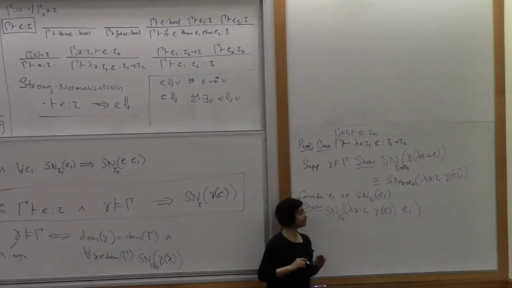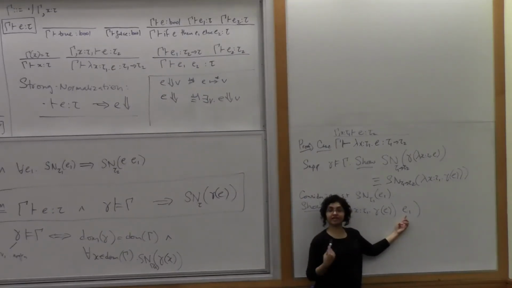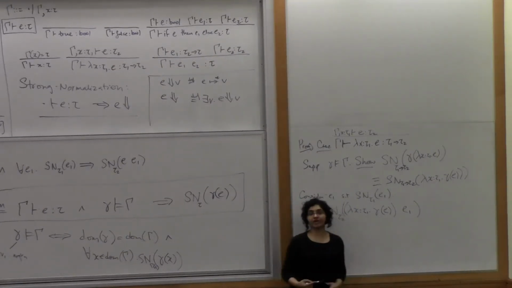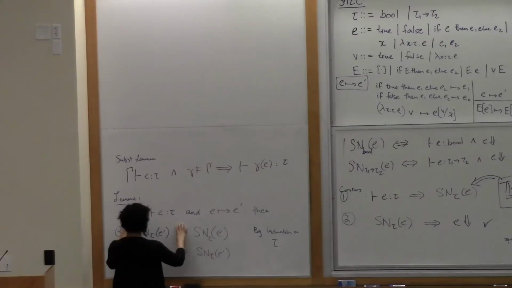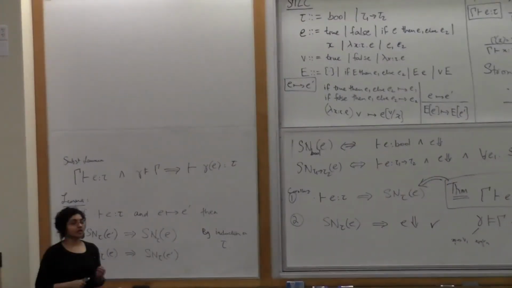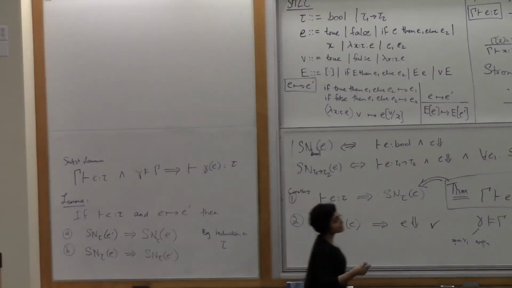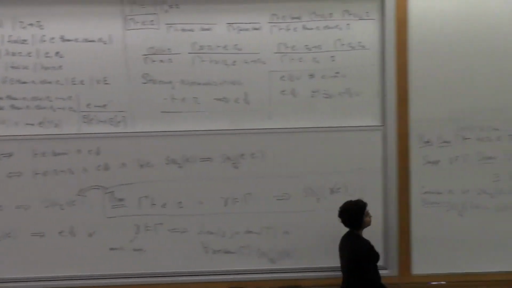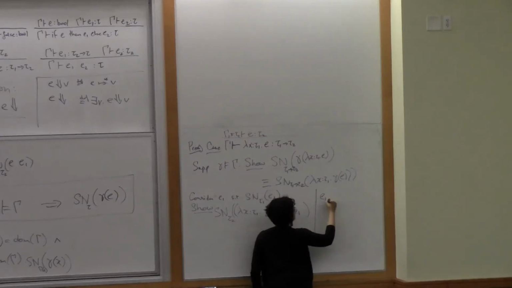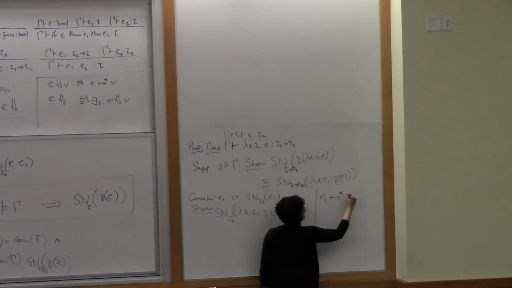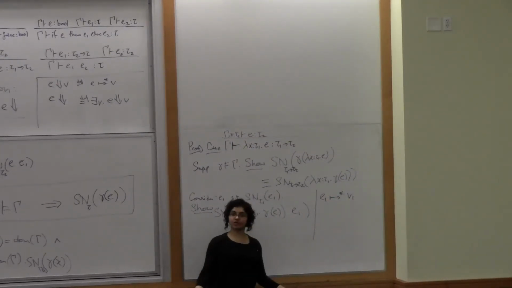call by value, right? So the first thing that's going to happen is that E1 is going to get evaluated, right? Okay, so we know that E1 belongs to Sn at tau 1. So let's use this. E1 evaluates in some number of steps to, I'll do that on the side here. E1 is going to take a bunch of steps and eventually evaluate to some value V1. All right?